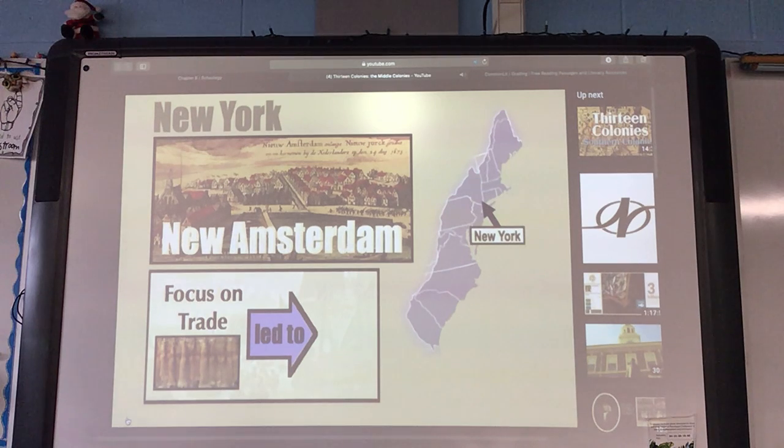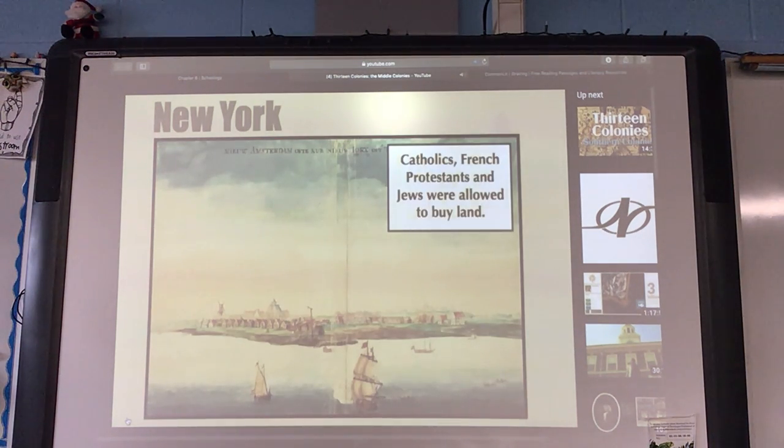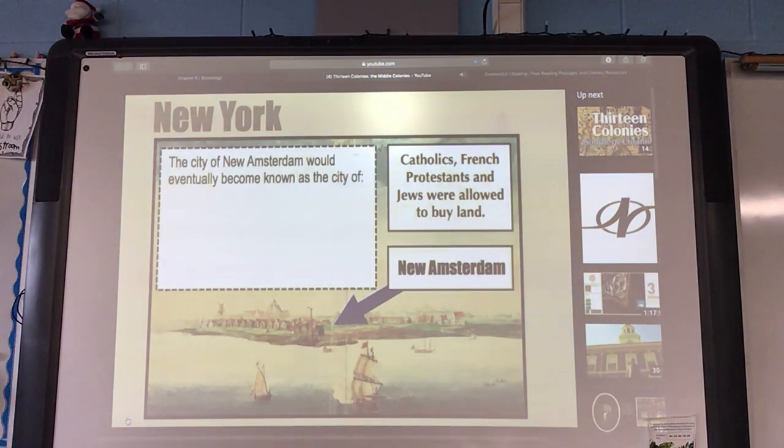Specifically, because everybody was focused on trade, they were not paying a lot of attention to what religion you were. As a result, in New Amsterdam, you have Catholics, French Protestants, and Jews who are all allowed to buy land in this city. Now, by the way, this city of New Amsterdam that we're talking about is eventually going to become known as the city of, do you have a guess? That's right. It's going to become the city of New York.